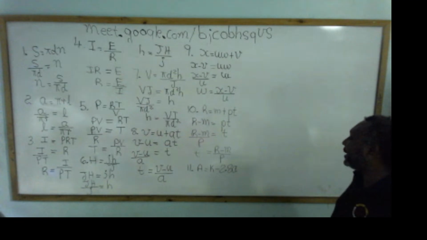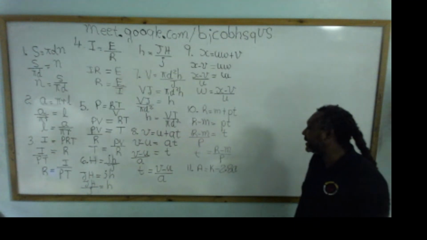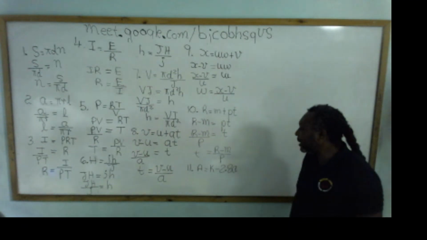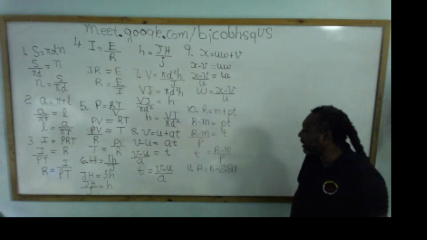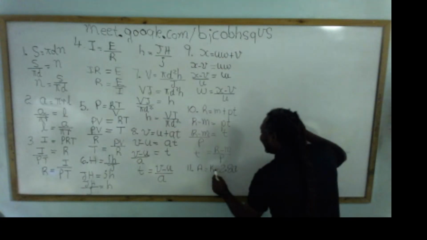So a is equal to k minus 2.8a. And we are attempting to make a the subject of the formula. And it is present in a negative term.